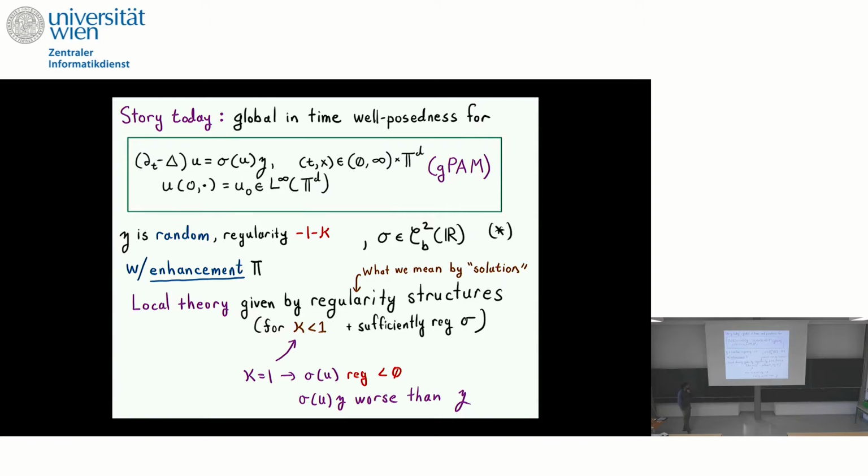And so the way to make sense of this PDE, and the way that we're going to define our notion of solution, is through the theory of regularity structures. In particular, our solution theory depends not only on the noise, but on an enhancement that is built from the noise, which I'll define a little bit later.